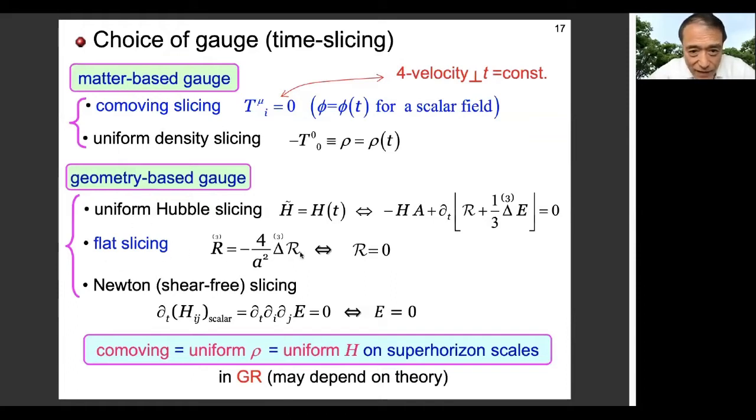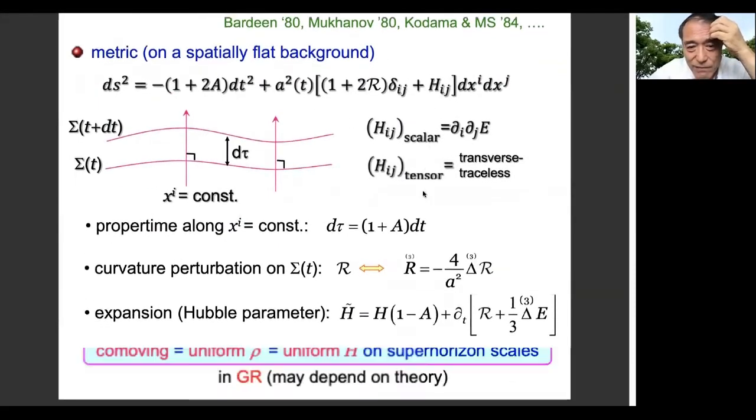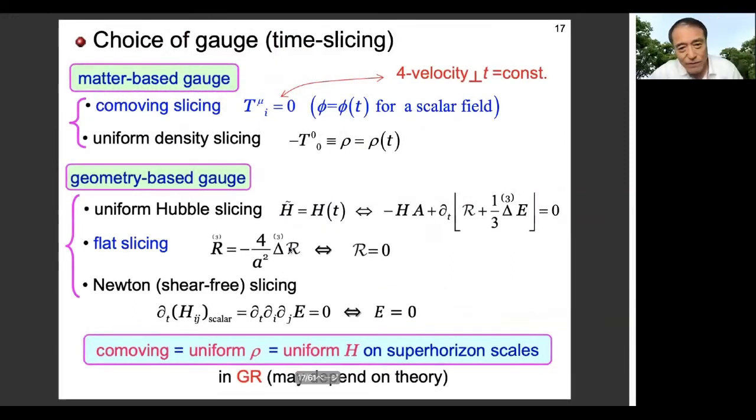Flat slicing, as I said, as far as the longitudinal part is concerned, if you divide the metric into a longitudinal part plus some non-longitudinal component, then you may always be able to define the three-dimensional curvature as written in terms of two terms. One comes from the longitudinal scalar component. The other, I will have some expression of this later somewhere.